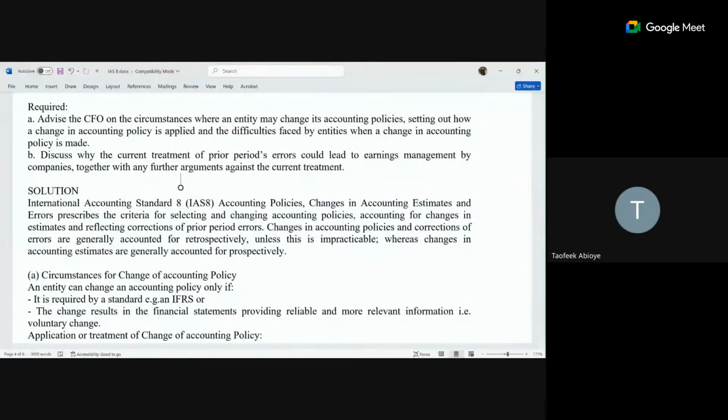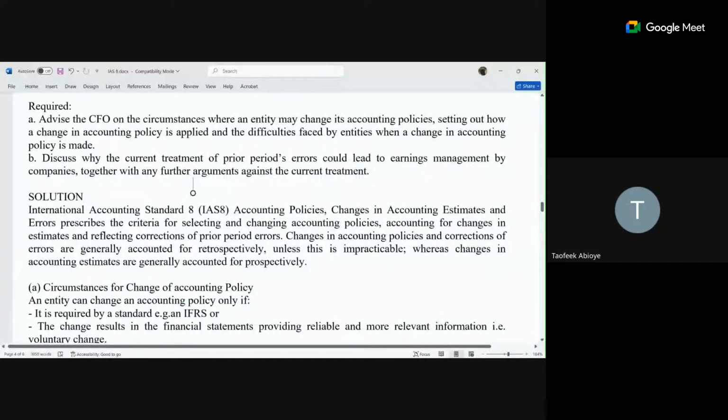Look at this. International Accounting Standard, IAS 8, Accounting Policies, Changes in Accounting Estimates and Errors, prescribes the criteria for selecting and changing accounting policies, accounting for changes in estimates and reflecting corrections of prior errors. Changes in accounting policies and corrections of error are generally accounted for retrospectively, unless this is impracticable, whereas changes in accounting estimates are generally accounted for prospectively.